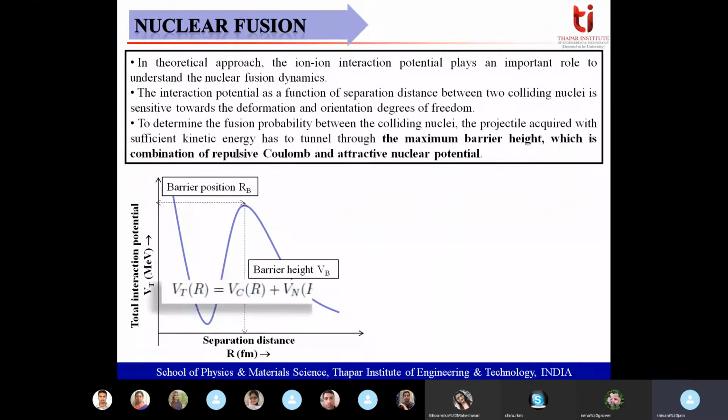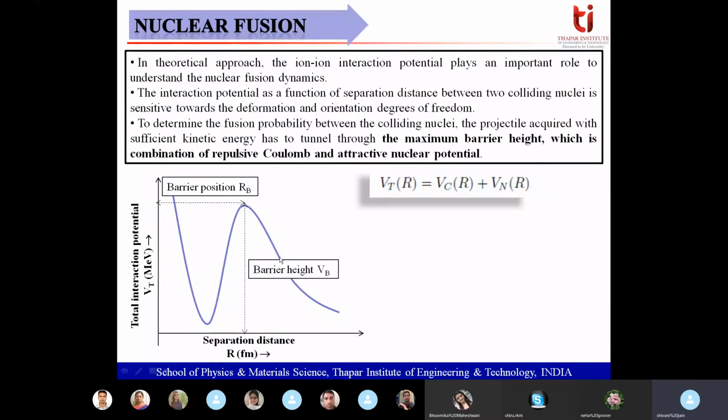In this potential, the two terms, barrier height and barrier position, are the main factors because the projectile should acquire sufficient kinetic energy to tunnel through the barrier and fuse into the target for the formation of a compound nuclear system.